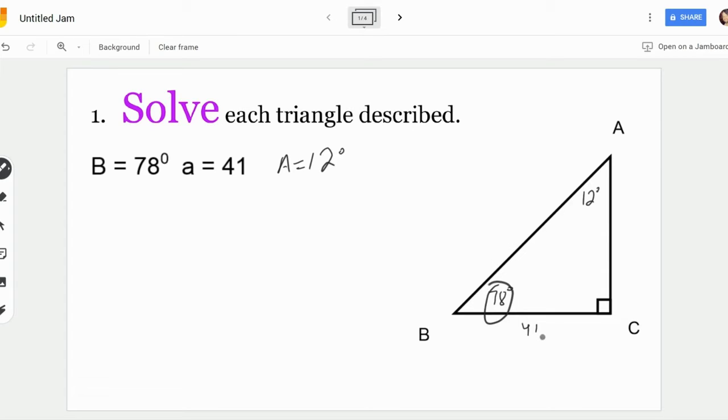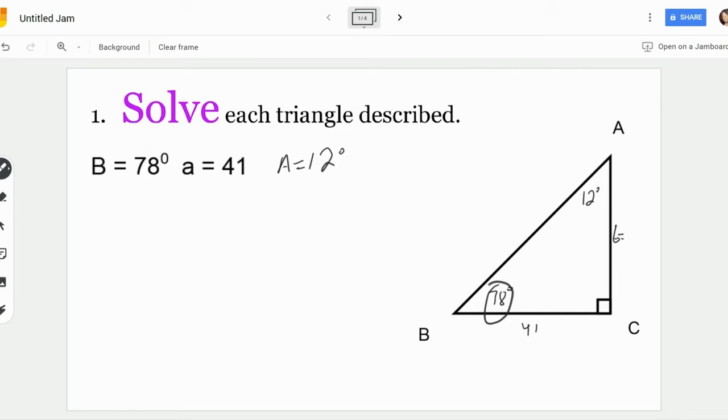Since we have the adjacent side, we could either use tangent to find the opposite side, or cosine, adjacent over hypotenuse, to find the hypotenuse. So I guess I'll find side B just because I want to.